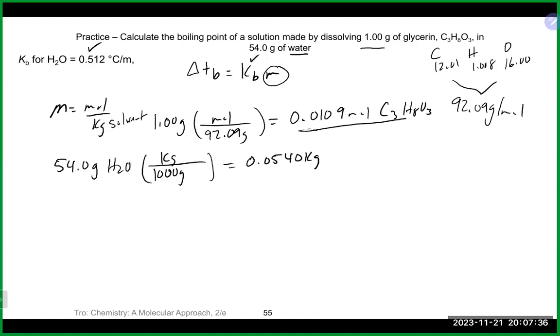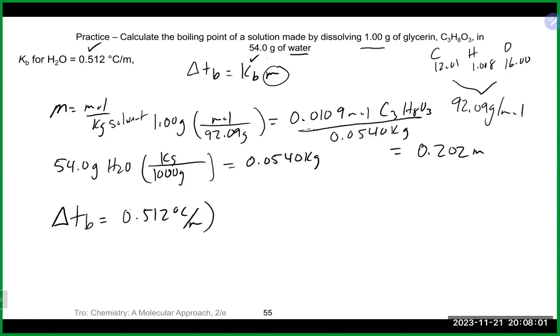So we're going to take that and divide it by our kilograms of solvent, and that will get us 0.0109 divided by 0.054, which gives us 0.202 molality. So our change in boiling point temperature would be 0.512 times our molality of 0.202.